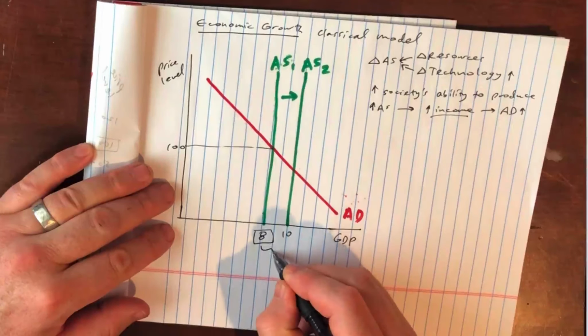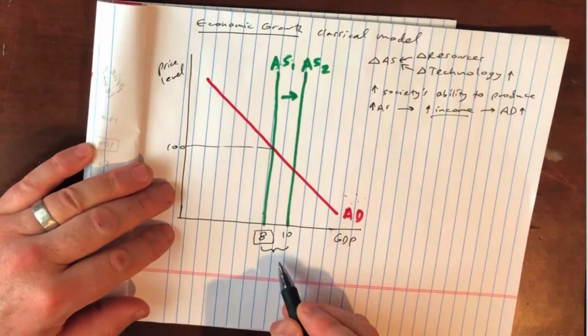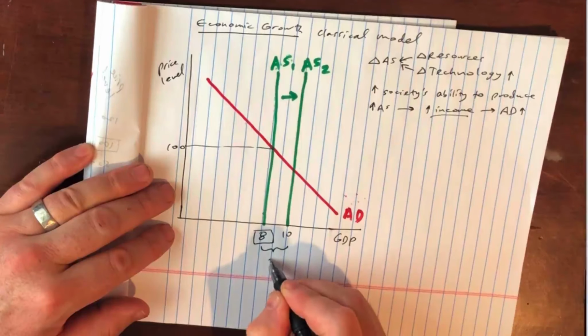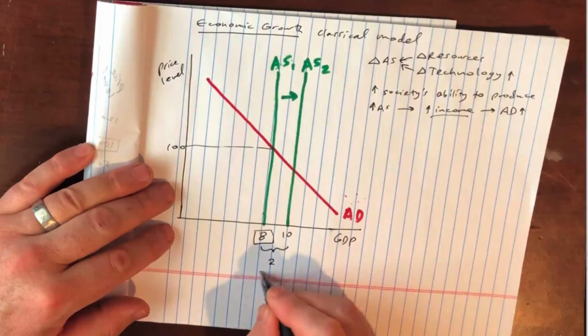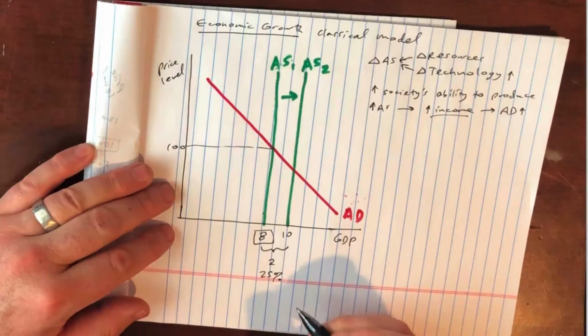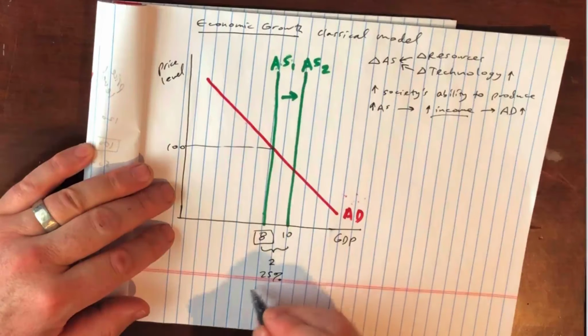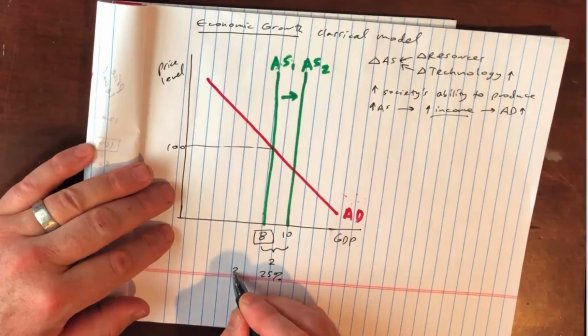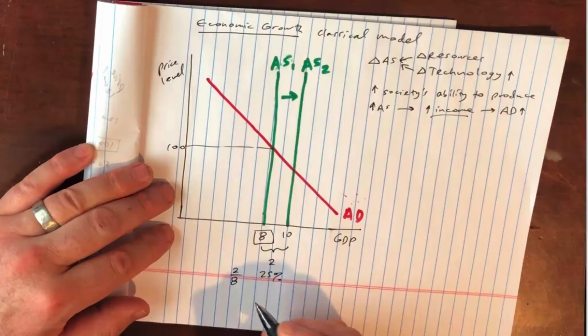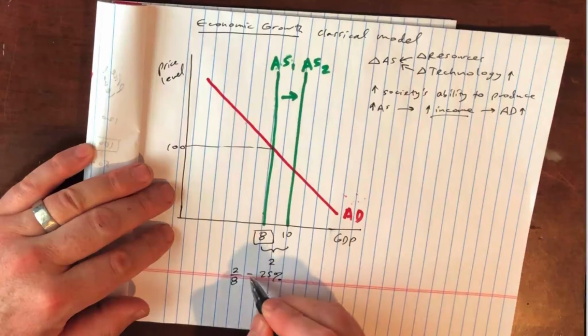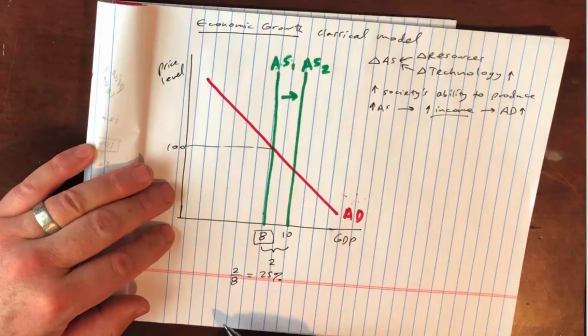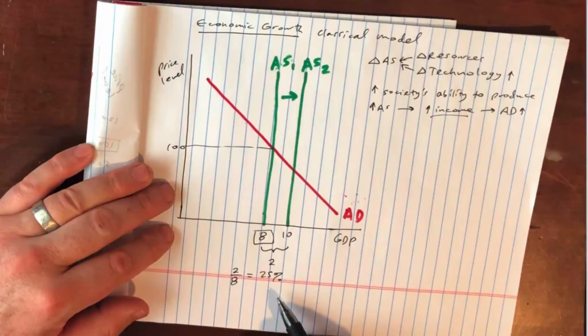So look at this. Going from 8 to 10 involves a change here of 2, in other words, a 25% increase. The percent change is equal to the new minus the old over the old, so 2 over 8, 1 over 4, 25%.